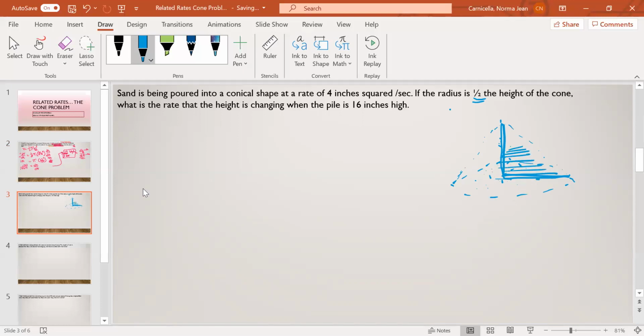As the height gets bigger, maybe the radius is getting smaller. This could be upside down. It's either 1/3 as much, 1/4 as much, something like that. But there is always a relationship in a cone between a changing height and a changing radius. So keeping that in mind, let's just go through this one now.